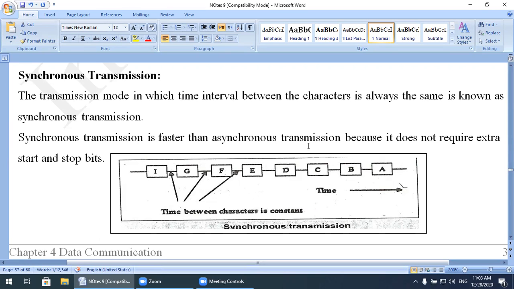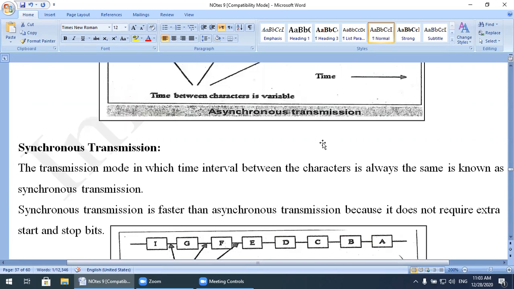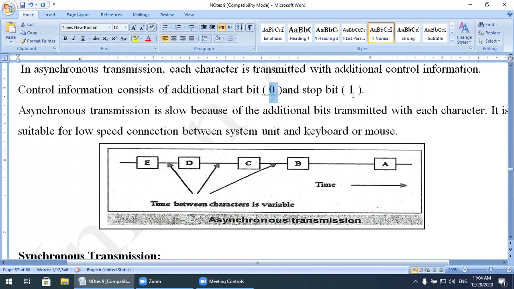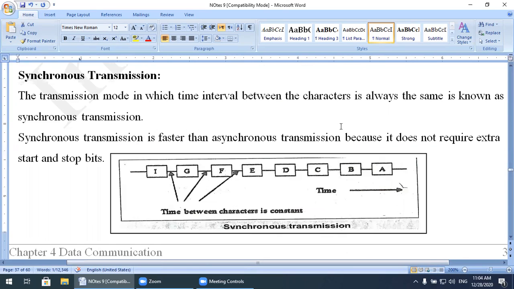It means there is no need to add the 1 and 0 which we were adding in the previous asynchronous transmission. So synchronous transmission is faster and has the same time interval between two characters.